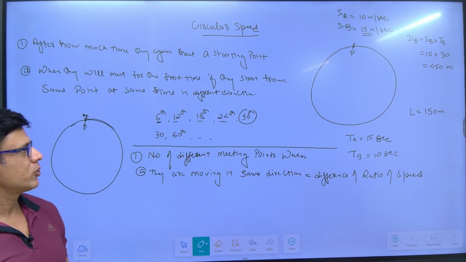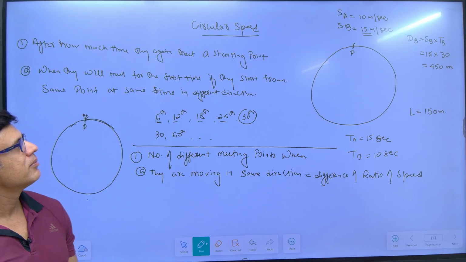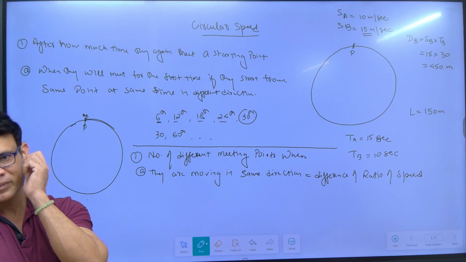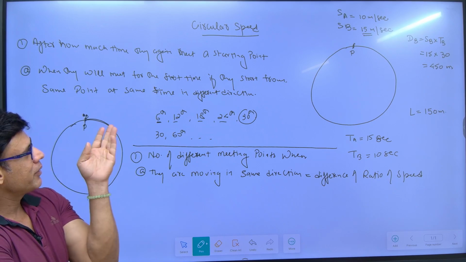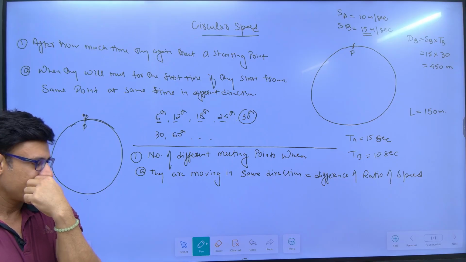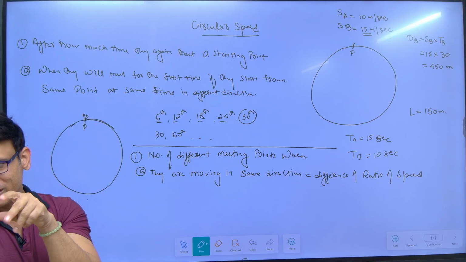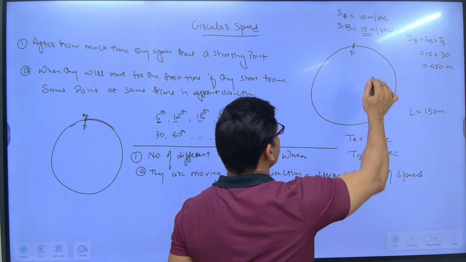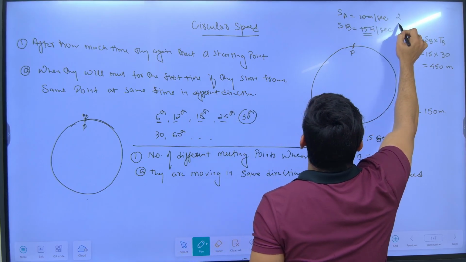Slowly, what are you thinking? What is the ratio of speed? 2:3.